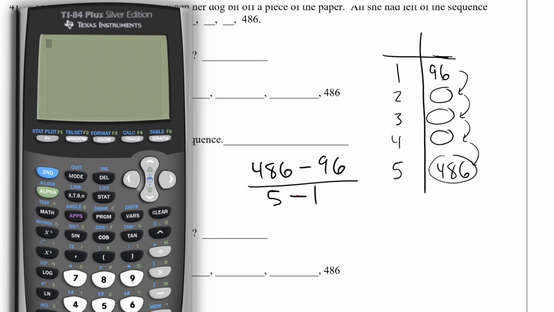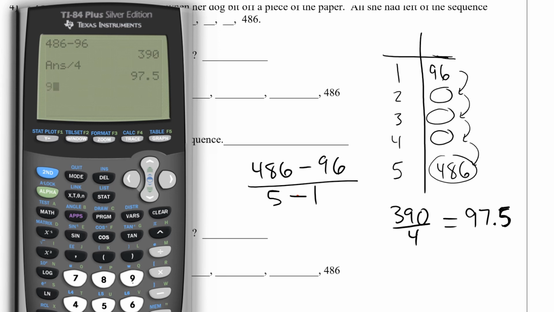So I'll take the 486, and I'm going to subtract from that 96. So I've got there 390, and I'm going to divide that by 4. And it gives me, okay, so it looks like my growth is 97 1/2. So each time I keep growing by 97 1/2.